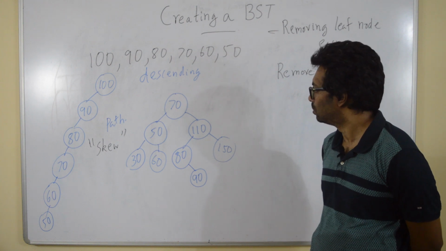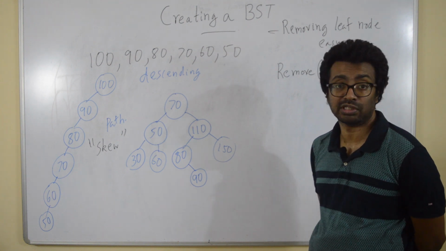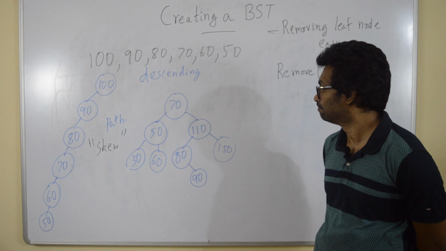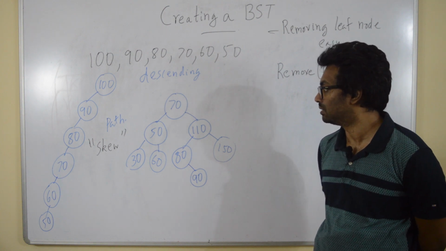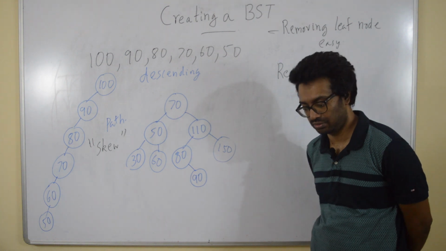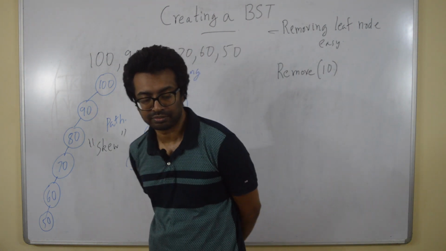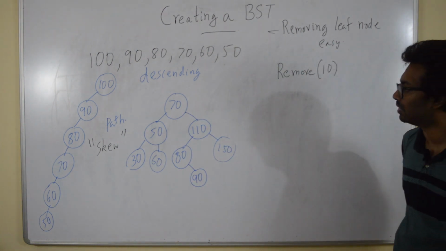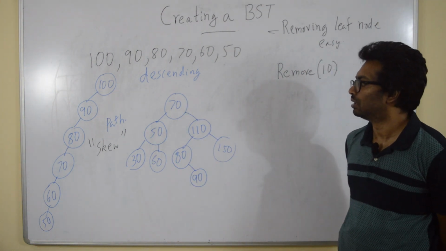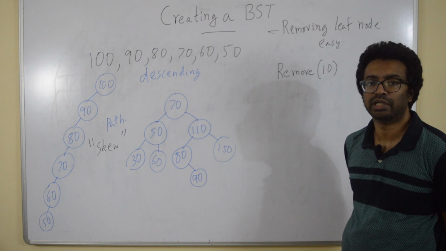Okay, now let's look at something complicated. I want to remove, let's say, 50. Now it's not a leaf node. So if I want to remove 50, what should I remove?